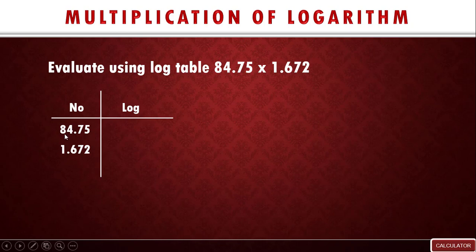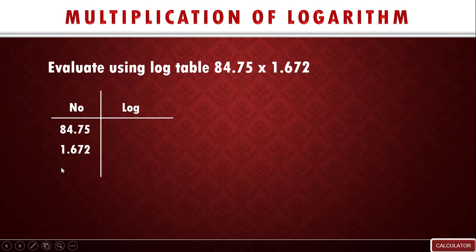Then the characteristic for 84 will be 1, if you remember your characteristic. That means you count the number of digits you have before the decimal. 1, 2. Then you remove 1 from it. 2 minus 1 will be 1. So your characteristic here will be 1. And the characteristic of this one will be 0, since you only have 1 digit before the decimal. So 1 minus 1 will give you 0.